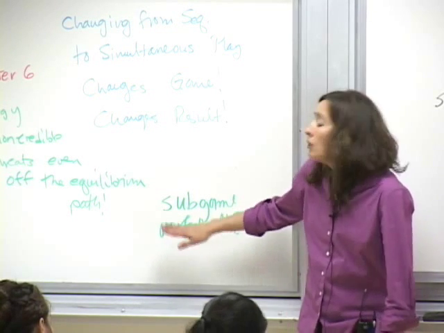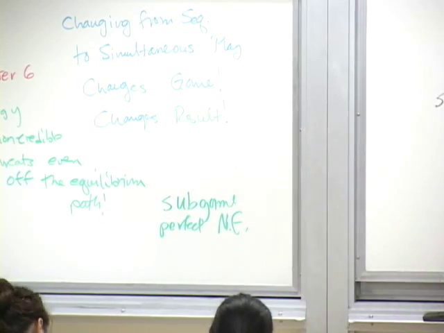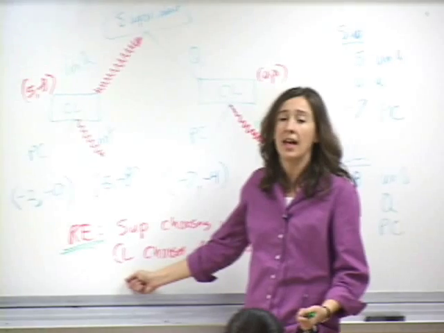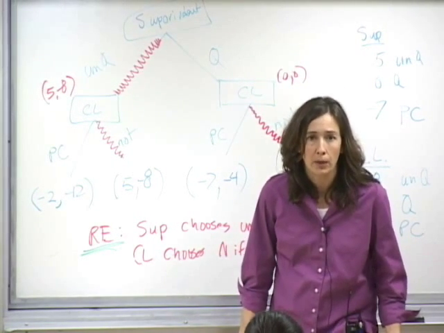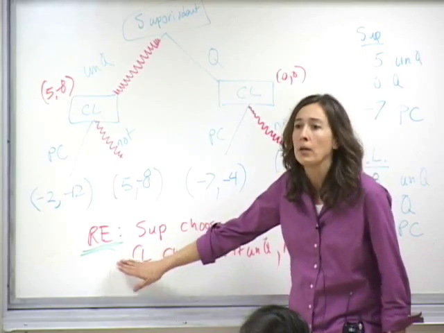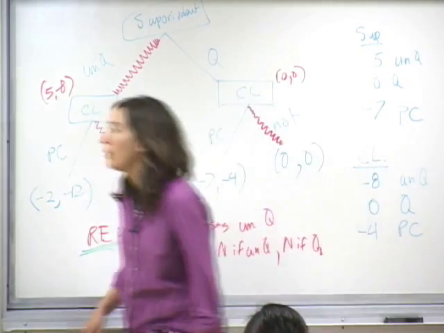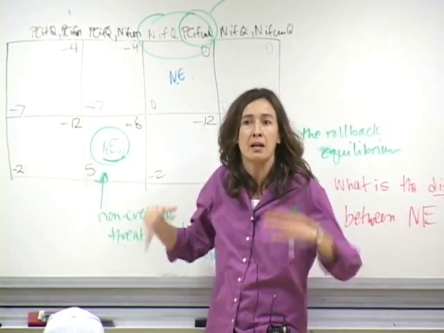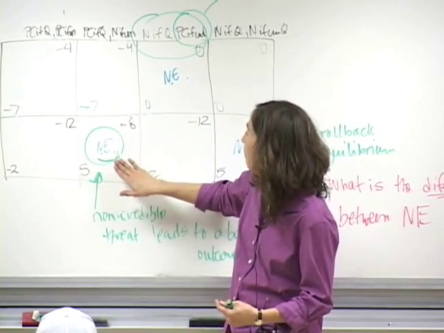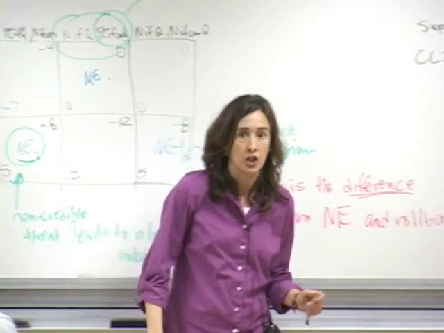Okay? So what we find when we do rollback is we always find something that is a Nash equilibrium, and it's a reasonable kind of Nash equilibrium. The kind of Nash equilibrium that rollback won't show us are the kind that are supported by non-credible threats, and most of the time we think that those would not make good predictions anyway.